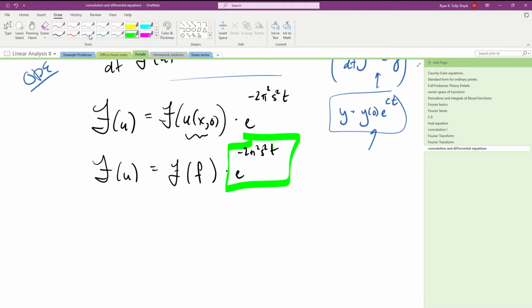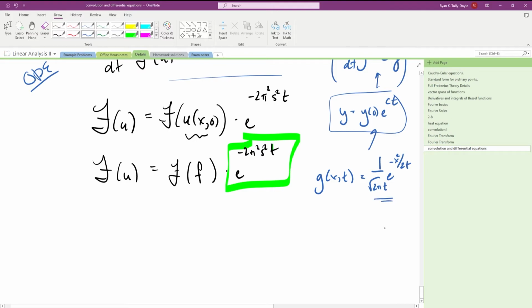So it's not one that I expect anybody in here to have seen before, but recognize that things like this show up all the time as standard answers when you're doing Fourier transforms, and something that a computer is more than happy to tell you. So it turns out that g of x and t is equal to 1 over the square root of 2 pi t times e to the minus x squared over 2t.